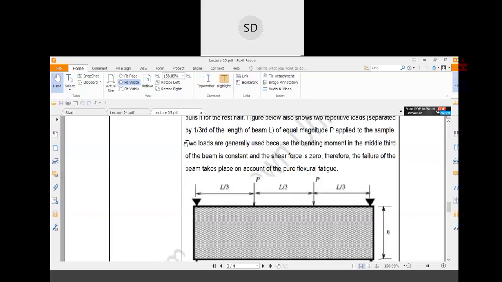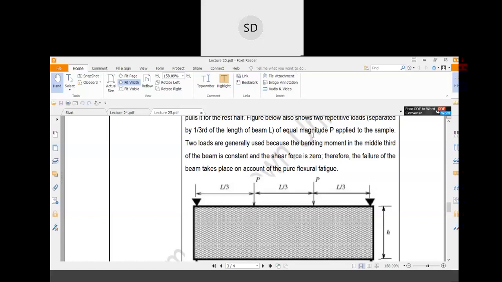Now, why are two loads used? Two loads are generally used because the bending moment in the middle third of the beam is constant and the shear force is zero. Therefore, the failure of the beam takes place on account of pure flexural fatigue. So this is the middle third corresponding to this portion, and this is the middle third corresponding to this edge.